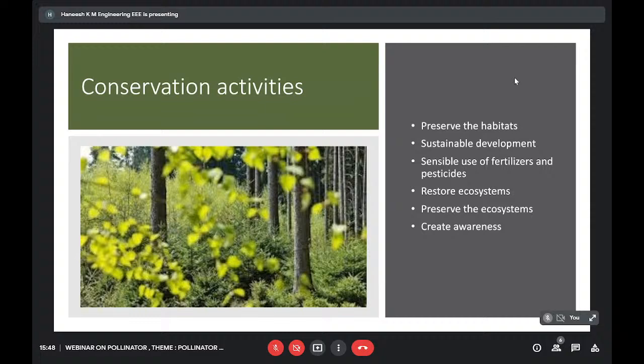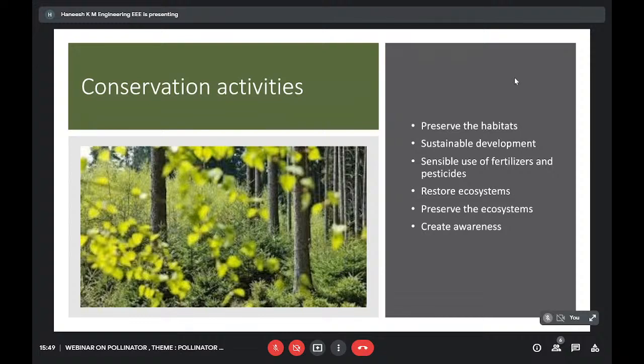You got to know the importance of pollinators: how important they are, how commercially important they are, and how important they are in the ecosystem. Now, as an individual or as an element in society, how can we conserve them?